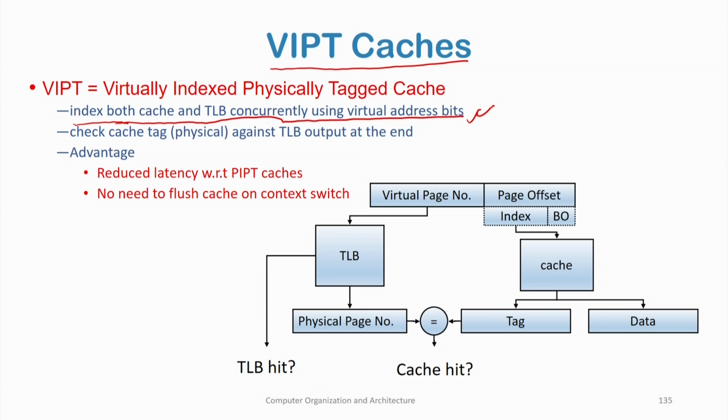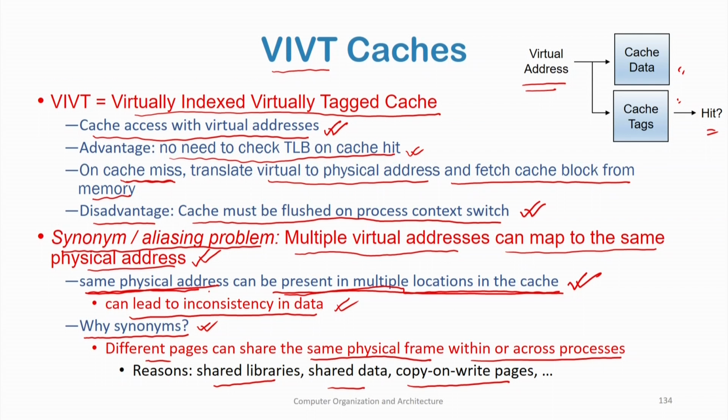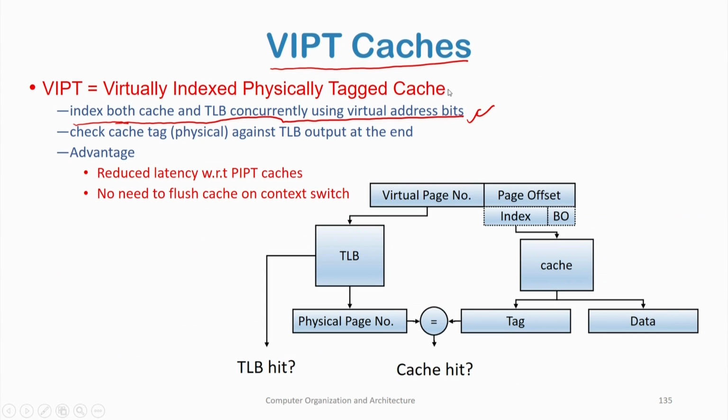What happened previously was that I broke the virtual address, and for both the tag and the indexing of the cache I used the virtual address. Now, I will do the indexing of the cache principally using the offset part of this virtual address. So, this part of the virtual address will be used for indexing the cache.